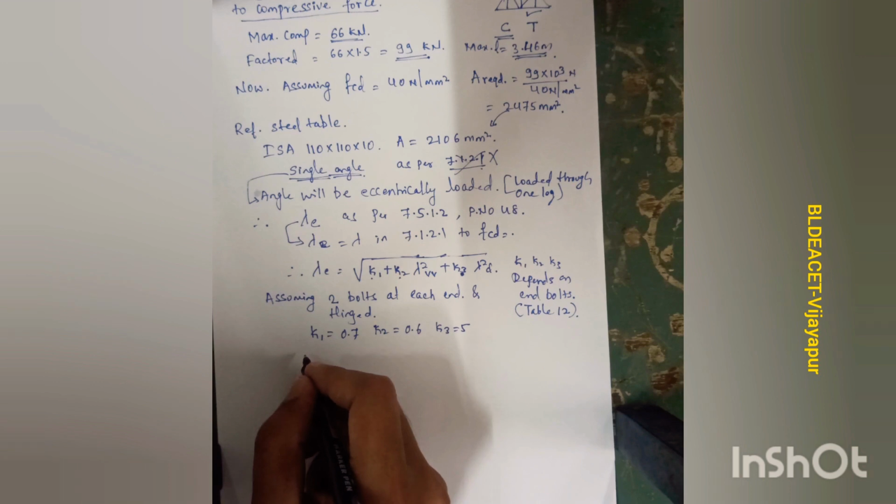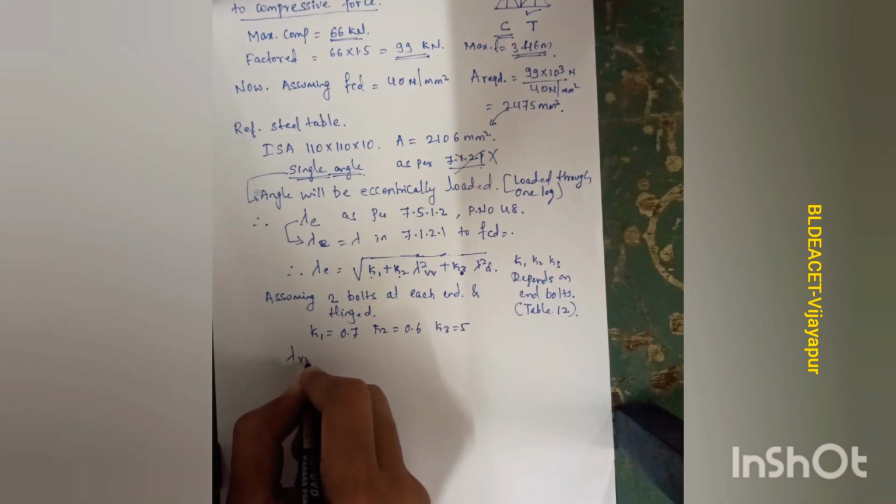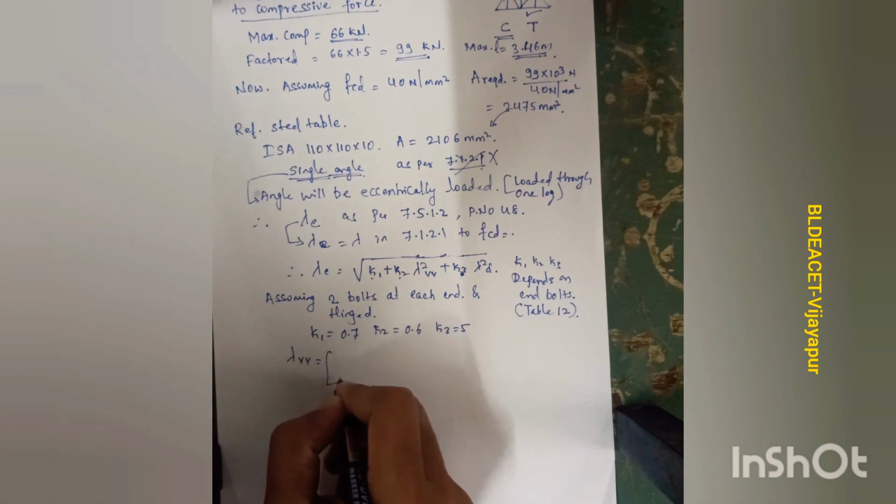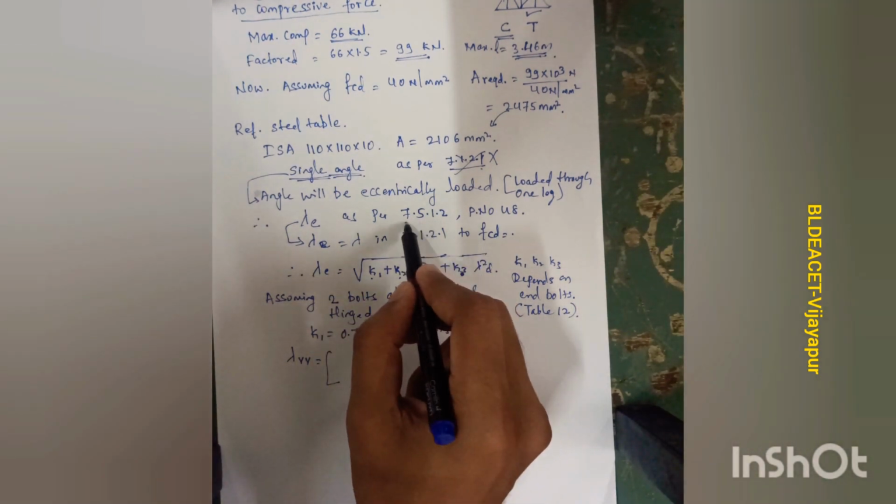Now the other formulas are lambda VV, which is again from 7.5.1.2 if you refer.